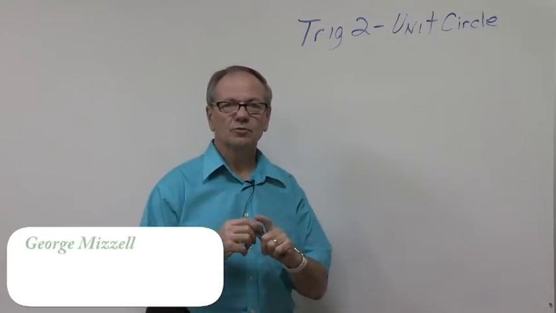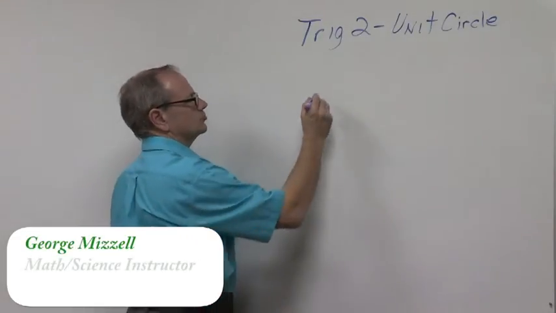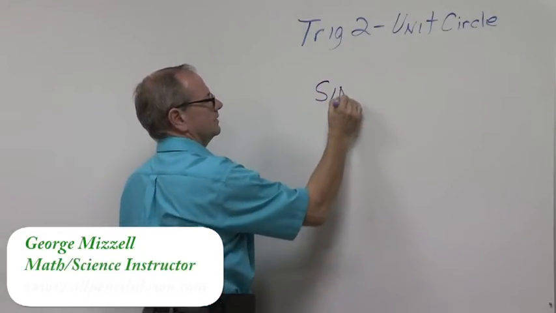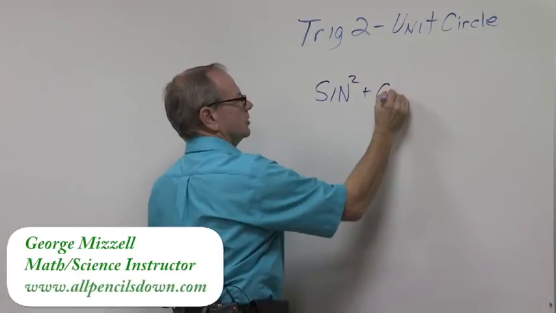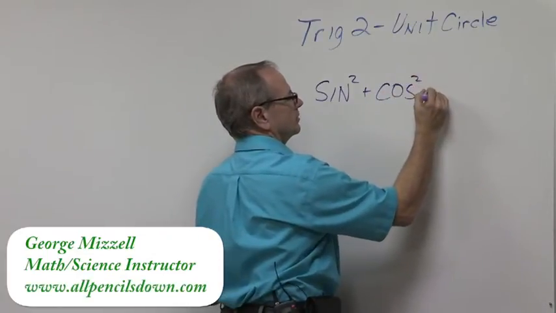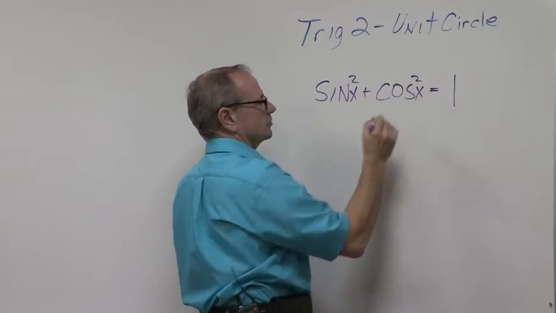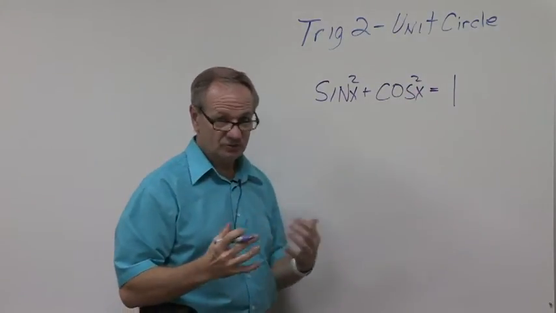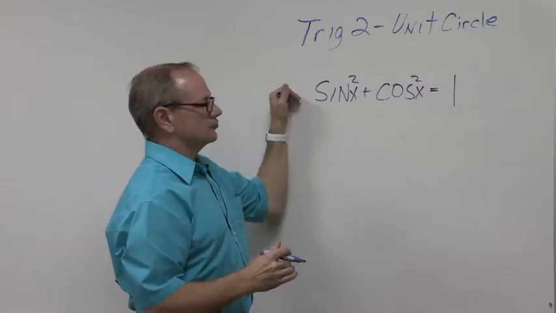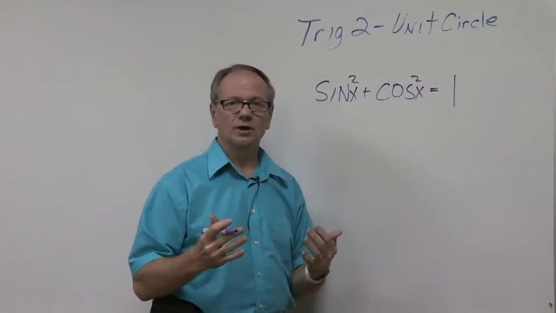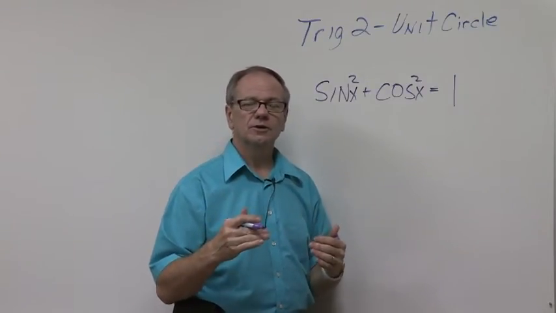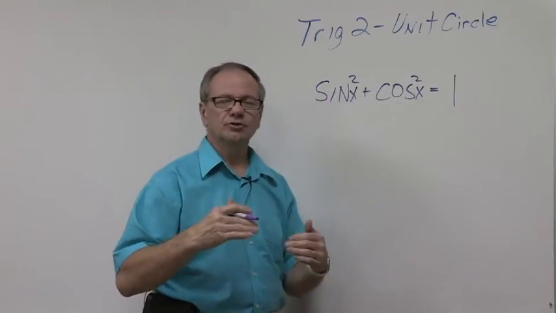But I want to start with one thing, and that is your first trig identity: sine squared plus cosine squared equals 1. We could say sine squared x, cosine squared x, sine squared theta, cosine squared theta, whatever. This is trig identity number 1. Now the ACT will frequently present this in a little different way.